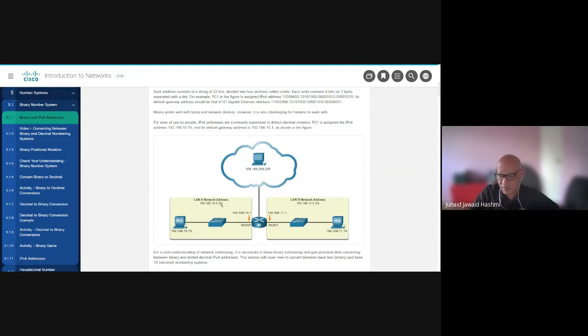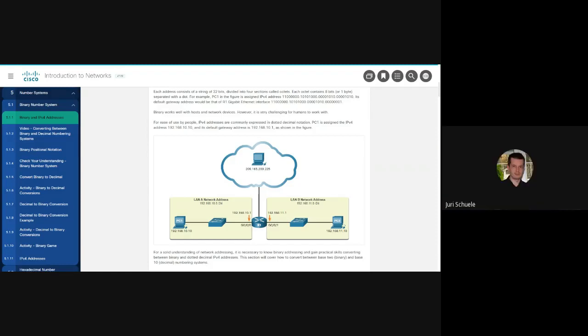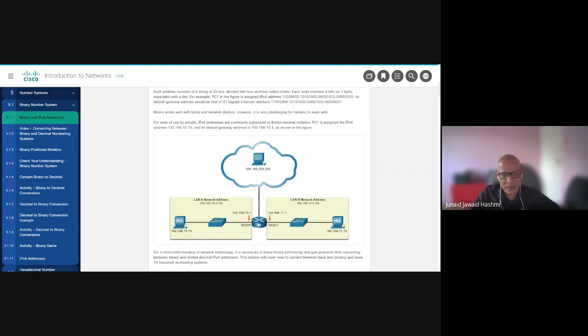So if you see 16, what is the subnet mask? 255.255.0.0. Perfect. So that's how you calculate it, even when you are subnetting. Let's say you borrow 3 bits from the last octet.